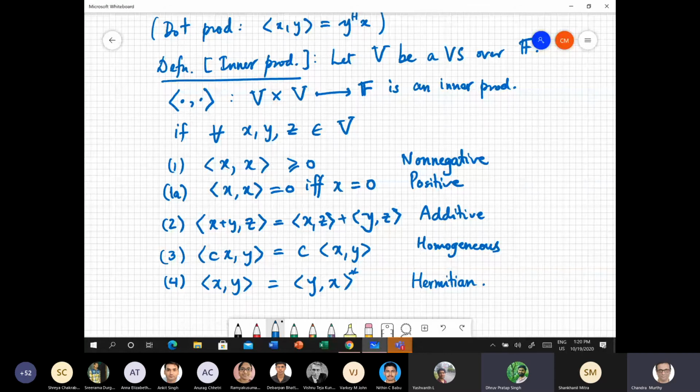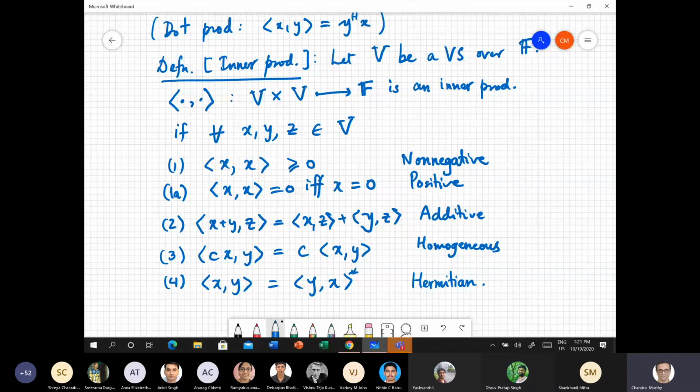Sir, my doubt was that if we denote a function, it's like domain to range, but the domain for both the inputs is V only. So why is it V cross V? No, that is how it is defined.